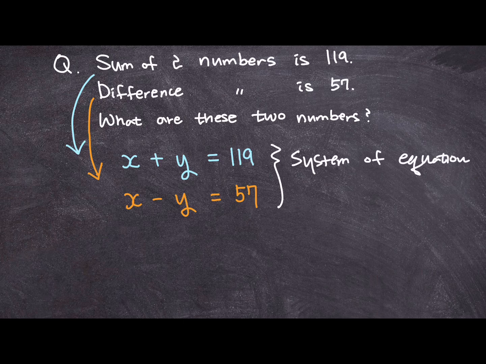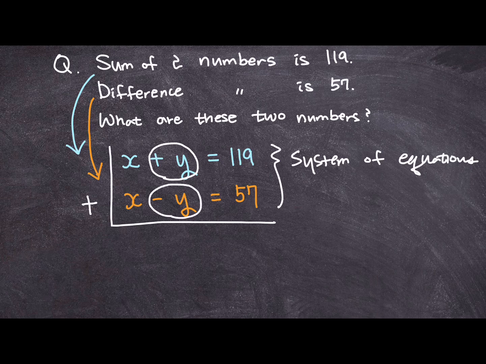For those of you who do know how to solve a system of equations, you can go ahead and solve it. If you don't know, just follow along. What you do is add those two equations together so that you can eliminate either x or y.